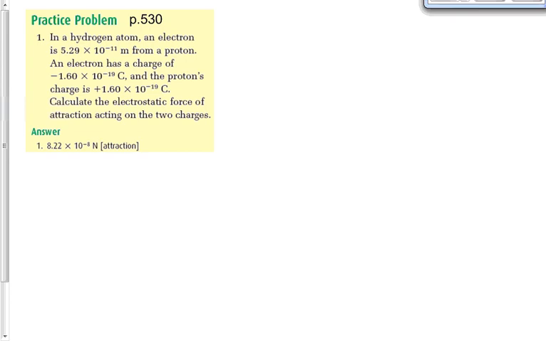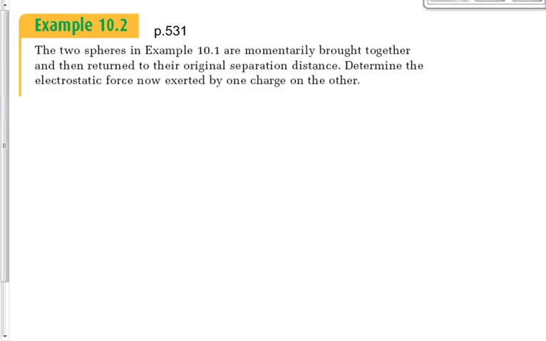All right, if we have no issues with the question on page 530, let's take a look at one more here. So the two spheres in example 10.1 are momentarily brought into contact with each other and then returned to their original separation distance. Determine the electrostatic force now exerted by one charge on the other. Interesting. Let's go back to that question here.